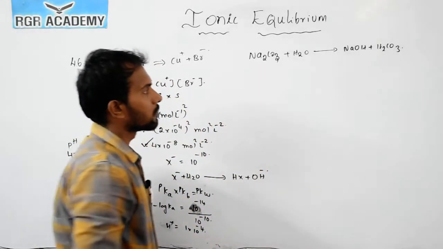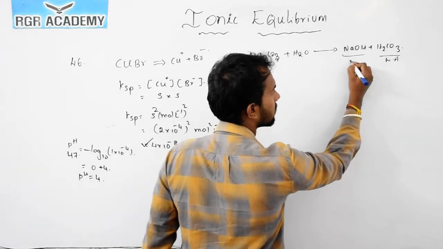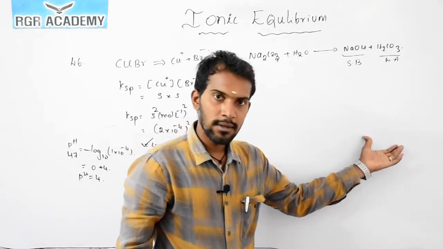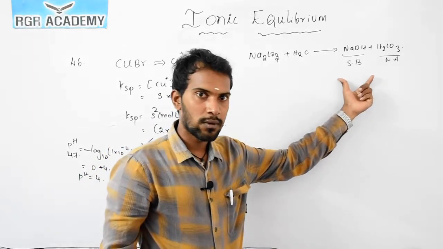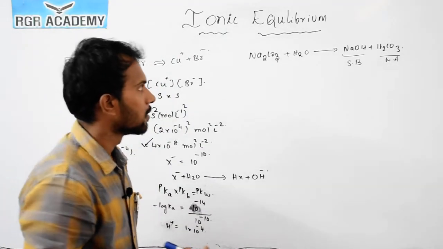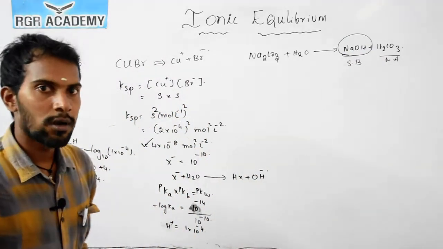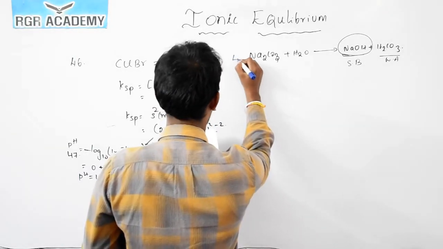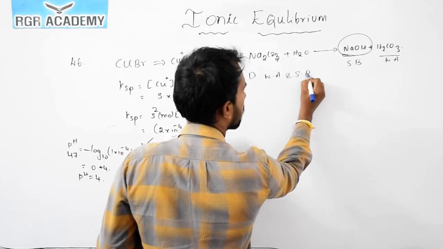This acid is a weak acid and this particular base is a strong base. So with a weak acid and a strong base, which one has more concentration? The base has more concentration. So due to these reasons this Na2CO3 salt is alkaline in nature, because NaOH is a strong base. So the answer for question number 48 is 1, weak acid and strong base.